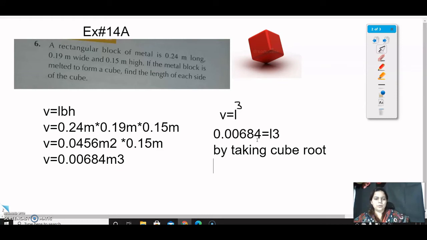So 0.00684 cubic meter is equal to L cube, and take the cube root.